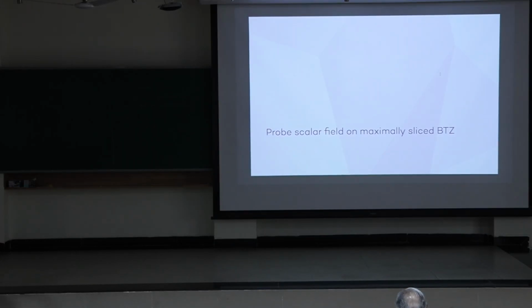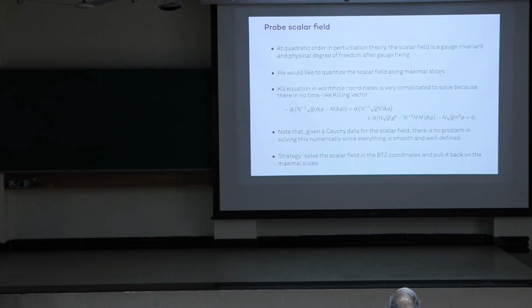Okay, finally I'll come to the scalar field. As I said, at quadratic order in perturbation theory, the scalar field is gauge invariant and a physical degree of freedom after gauge fixing. So what we'd like to do is quantize the scalar field along these maximal slices. But it turns out that the Klein-Gordon equation in wormhole coordinates is very hard to solve.